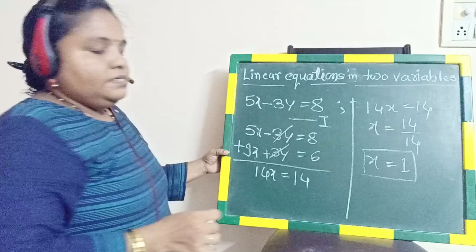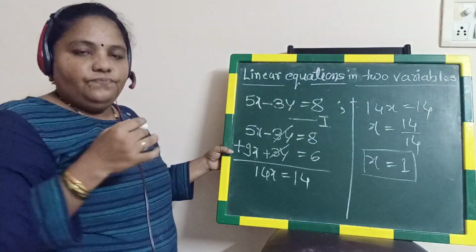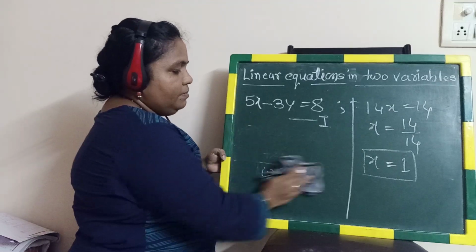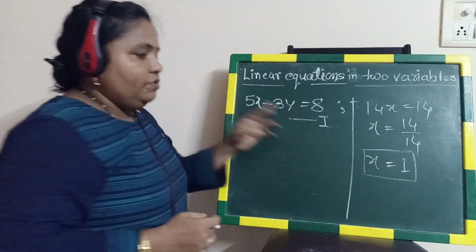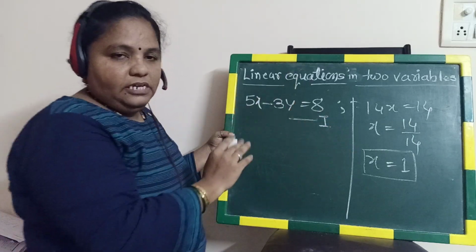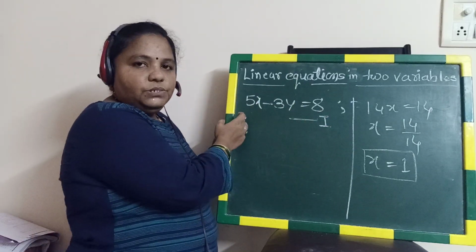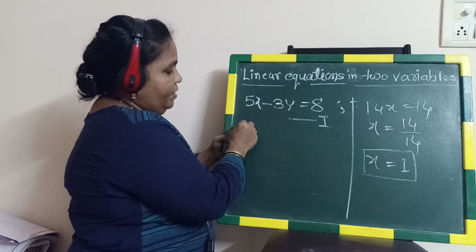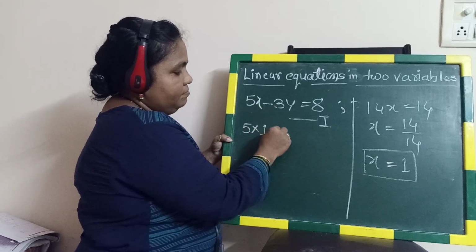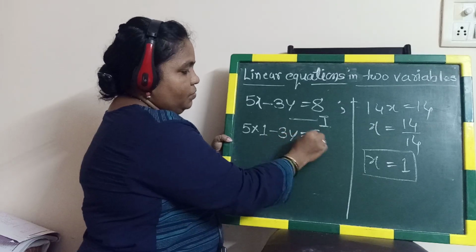So now this is the value of our first variable. To get the value of the second variable, we just have to put this value of the first variable in any equation, equation 1, 2 or 3. Here we are going to put it in equation 1. So 5 into, instead of x we put 1, minus 3y is equal to 8.